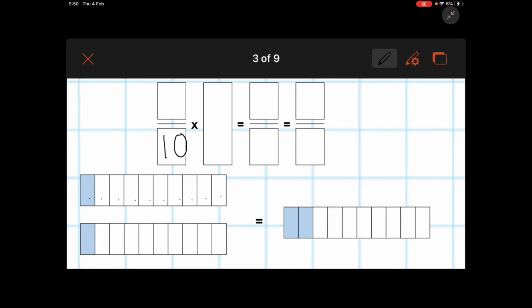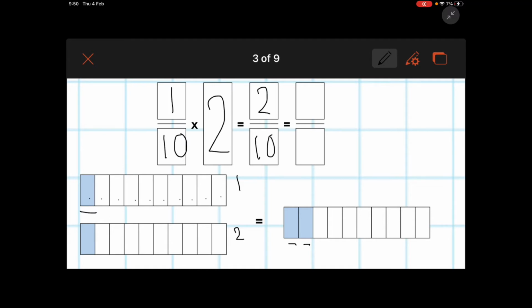Now if I have a look at the 1 shaded section, I know 1/10 of one representation is shaded, and I have 2 of them. 1/10 times 2 equals 2 parts of 10.